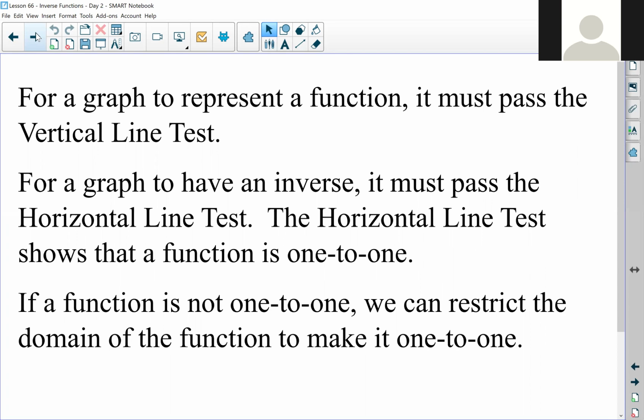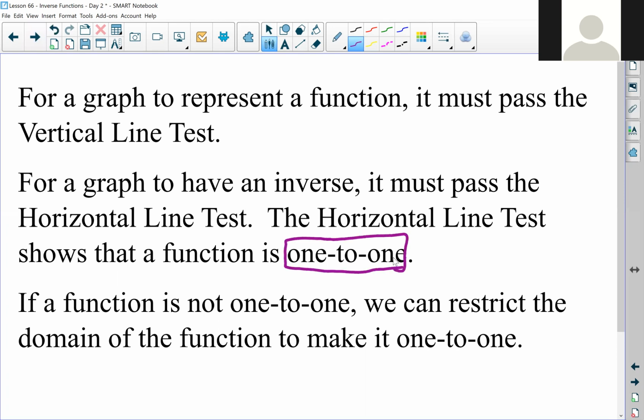Same idea, but the horizontal line test tells us if a function is one-to-one. So if a horizontal line passes through just one point on a graph, that function is one-to-one, and that means it will have an inverse.